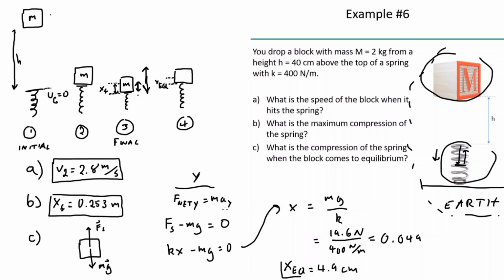Okay. So just to be clear, what's the difference between this x equilibrium here and this x final from part B? Well, x final is the maximum compression of the spring. As this block bounces up and down on the spring, this is as much as the spring is ever compressed. This is max compression.